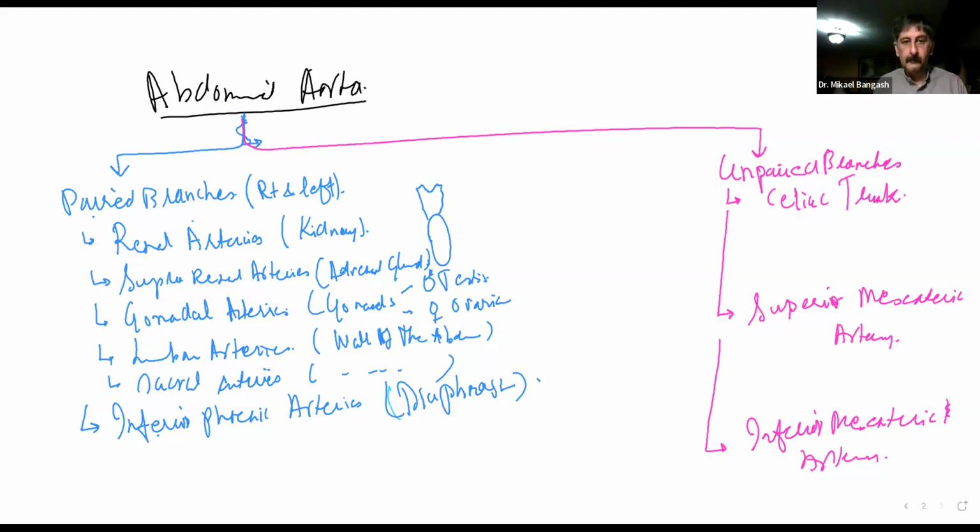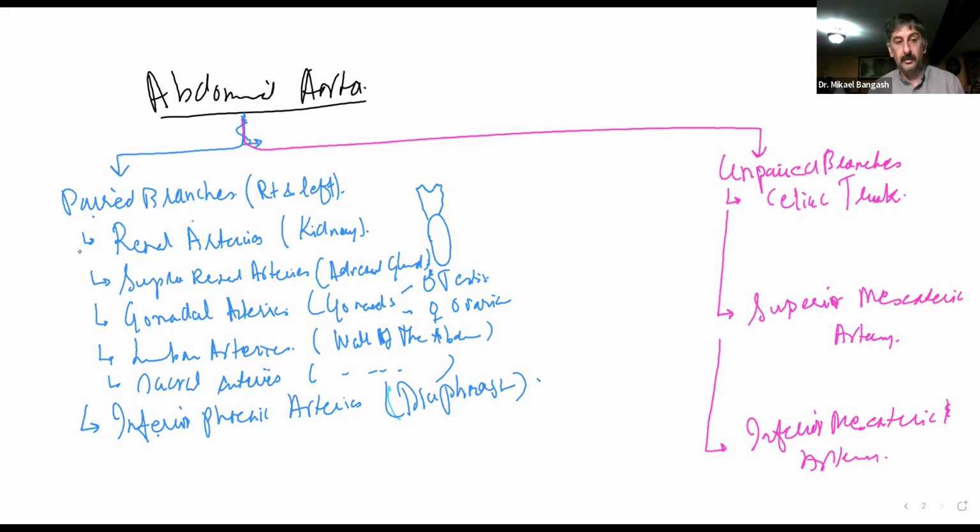Okay, guys. Now, if you recall, when we were talking about the digestive system, I said that the alimentary canal, or gut as we called it, could be divided into 3 parts: foregut, midgut, and hindgut.